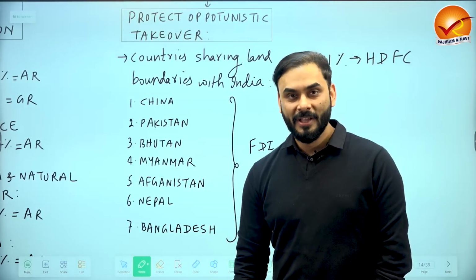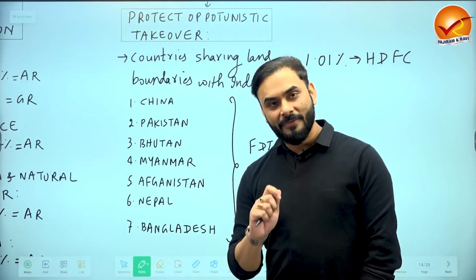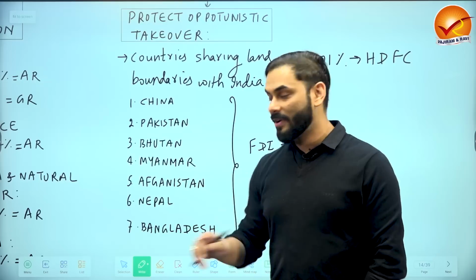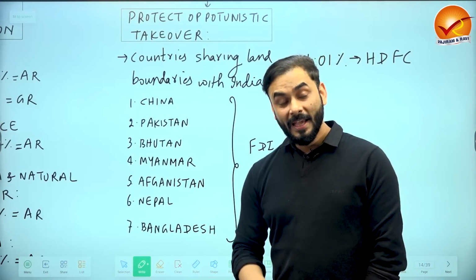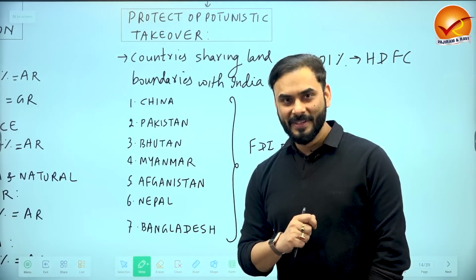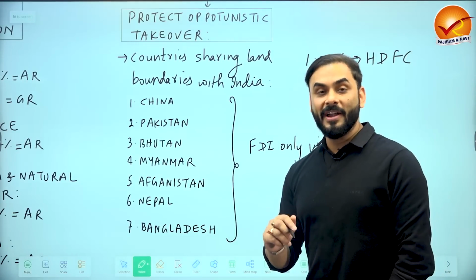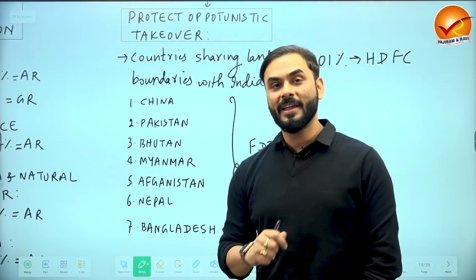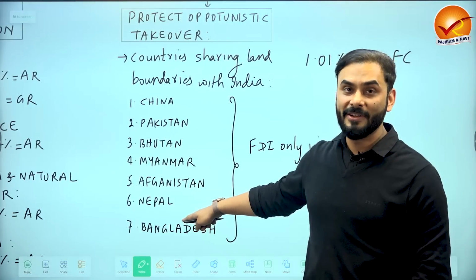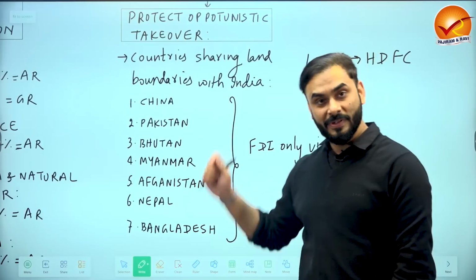These 7. So the Government of India, instead of saying China, said, if there is any country which shares land boundary with India, if foreign direct investment is coming from that country to India, it can come only through government route. Which means foreign direct investment from any of these countries cannot come directly to India through automatic route. It has to come through government route. This is the new change which happened.